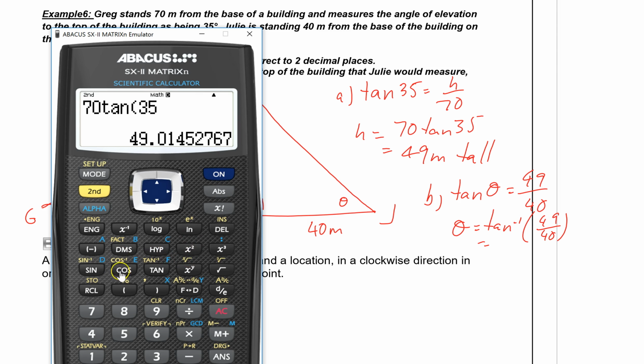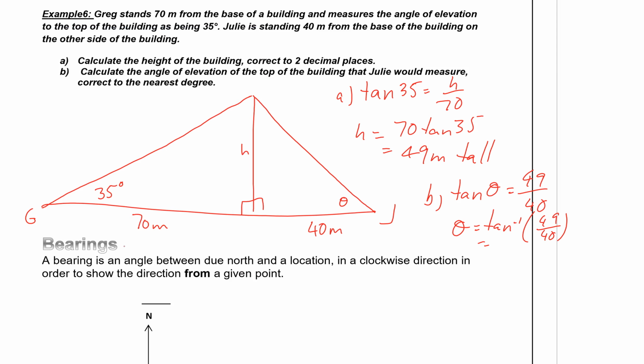Second function tan. Remember, finding an angle, use second function, the inverse function. 49 over 40 is 50 degrees, 46 minutes to the nearest minute.